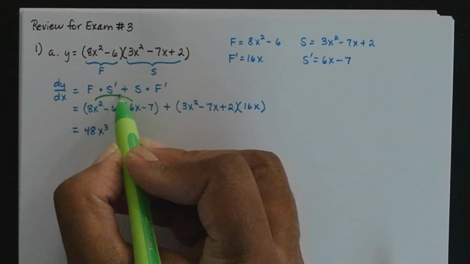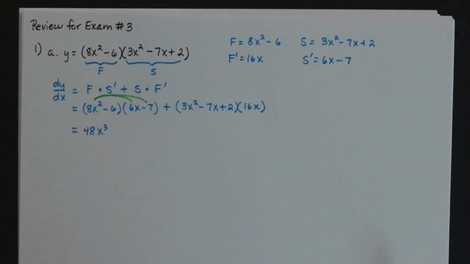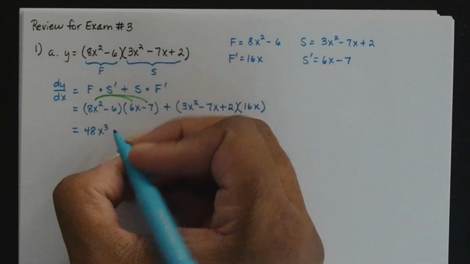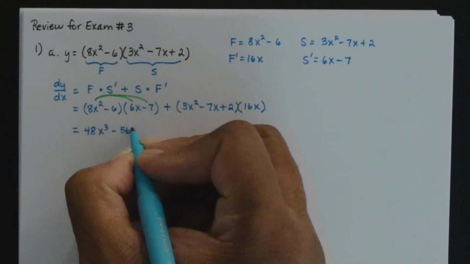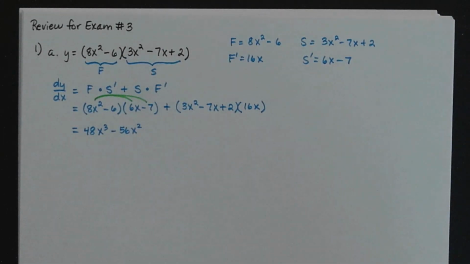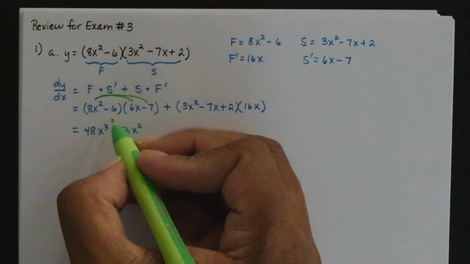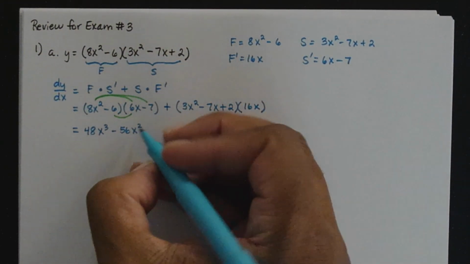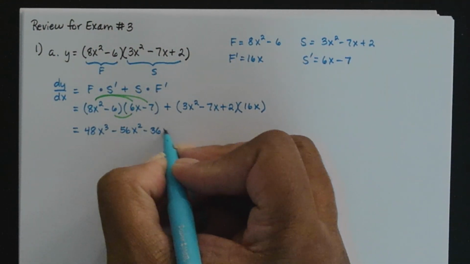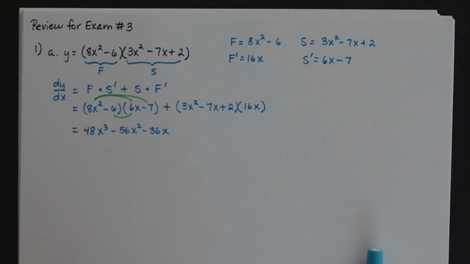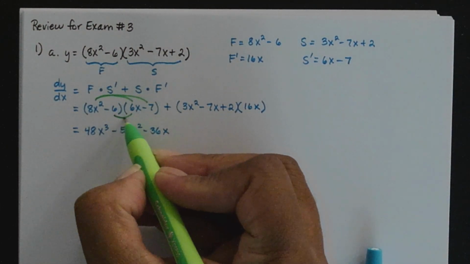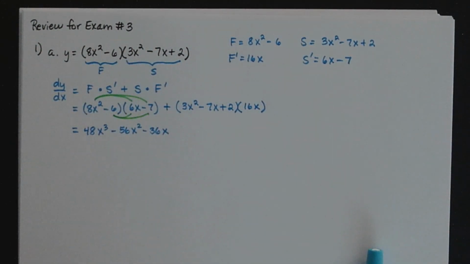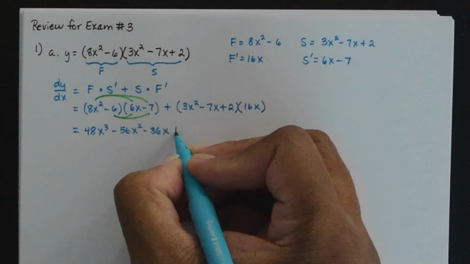The outer 8x squared times this minus 7, that's going to be a minus 56x squared. Inside would be minus 6 times 6x, that's going to be minus 36x. And then minus 6 times a minus 7 will be plus 42.